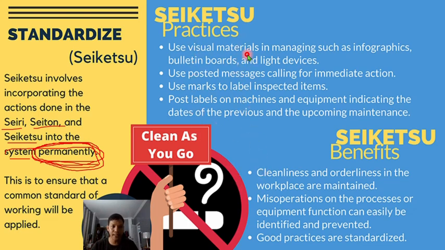We already have the guide, for example the labels, the marks, the bulletins or visual materials, so that we have reminders that we need to apply the seiri, seiton, and seiso. Number three, good practices are standardized.